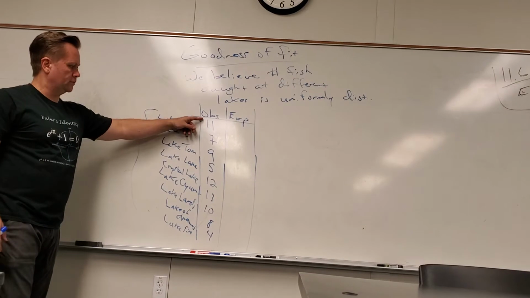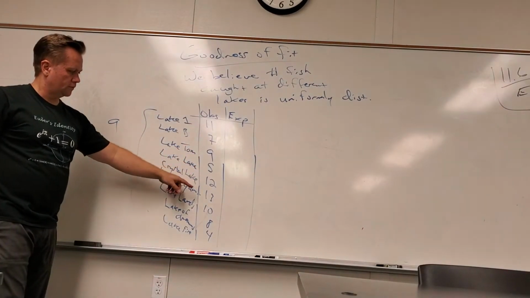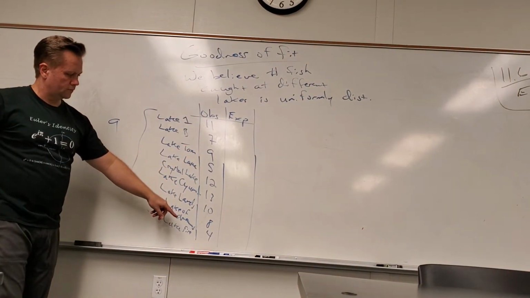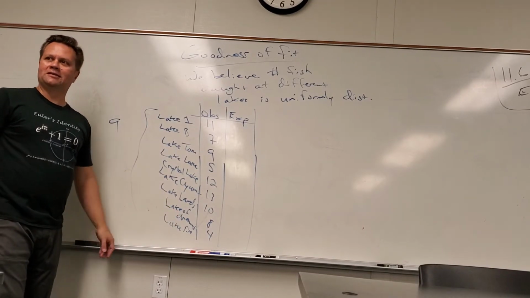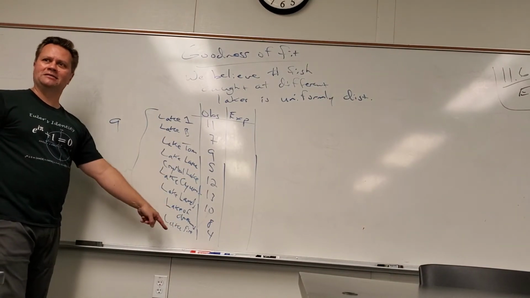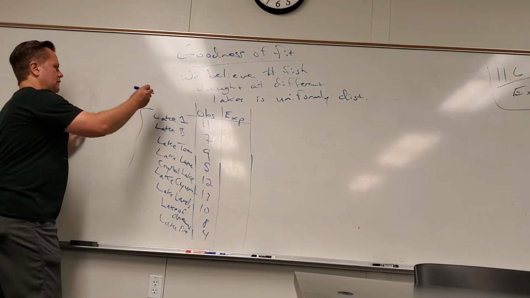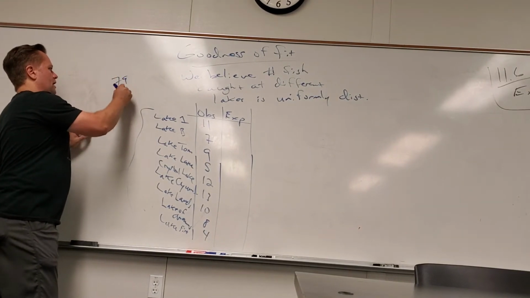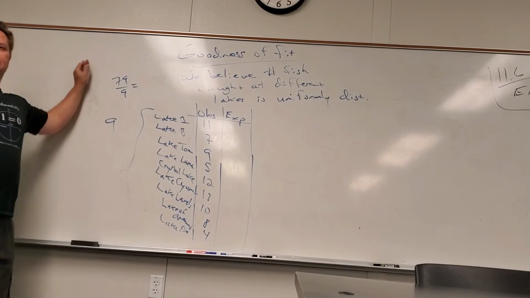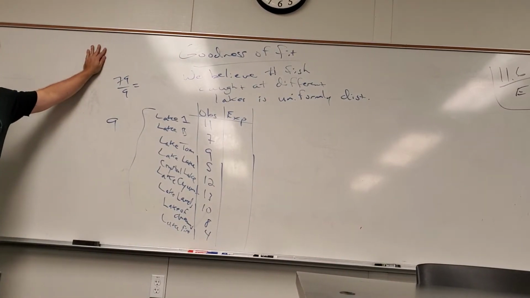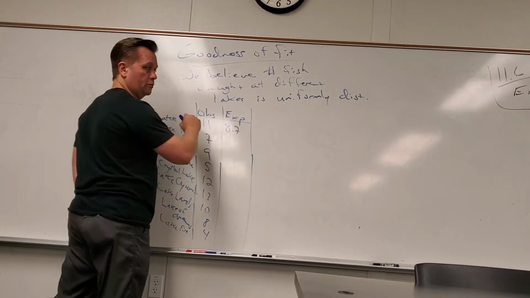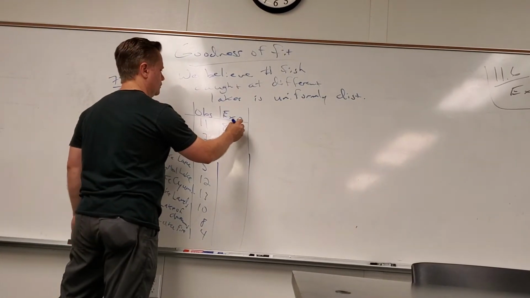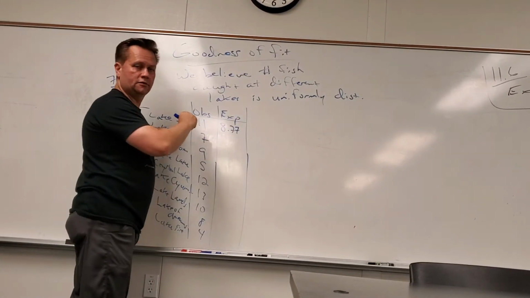So what does this all add up to? I think it adds up to 79. Is that right? So then what's 79 divided by 9? 8.78, roughly. Okay, go out one more place. 8.778? Yeah. Okay.